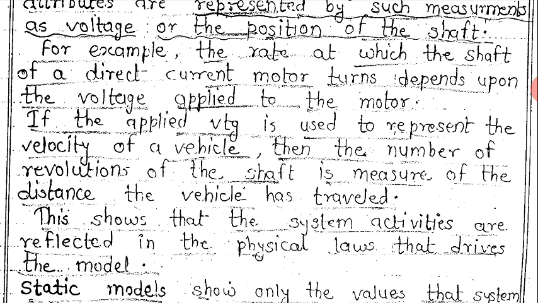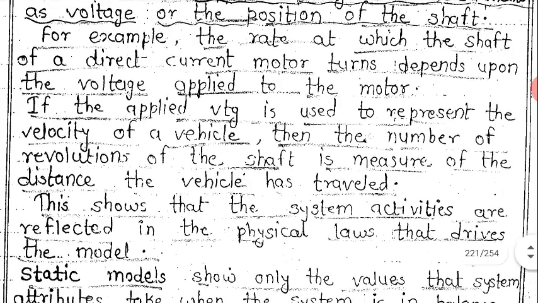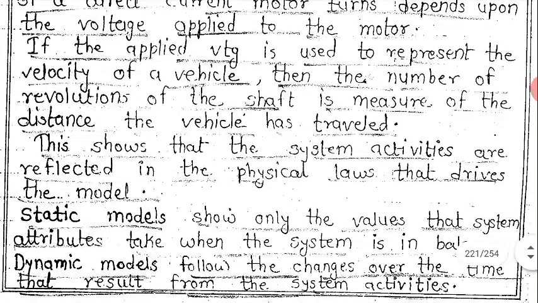So if the applied voltage is used to represent the velocity of a vehicle, then if the voltage is increasing, the turning of the shaft is also going to increase. If the shaft gives extra turning or rotations, it may lead to an increase in the velocity of the vehicle, and then the number of revolutions of the shaft is measured.